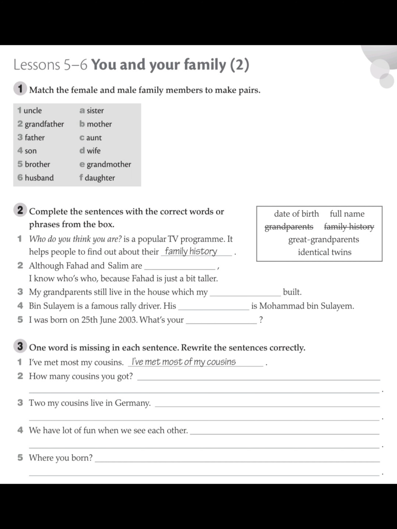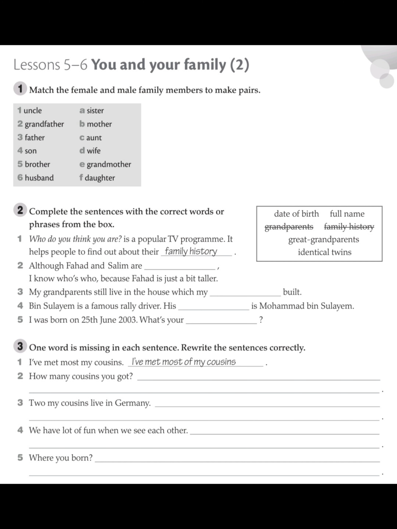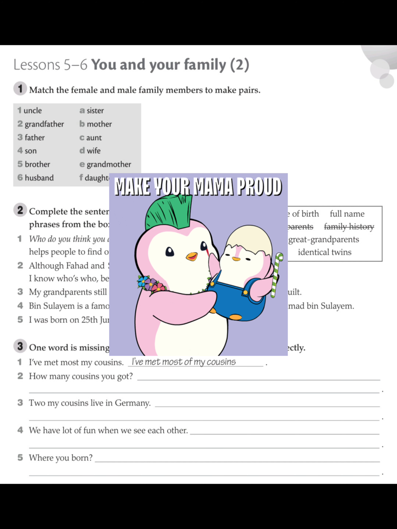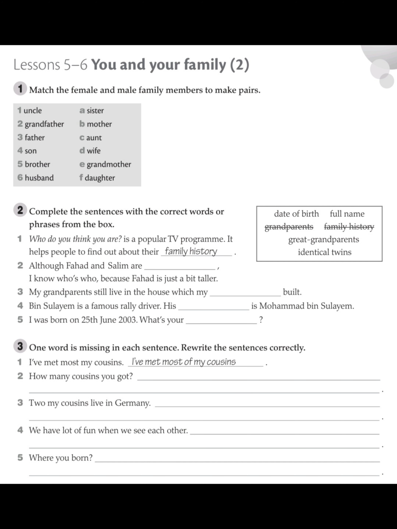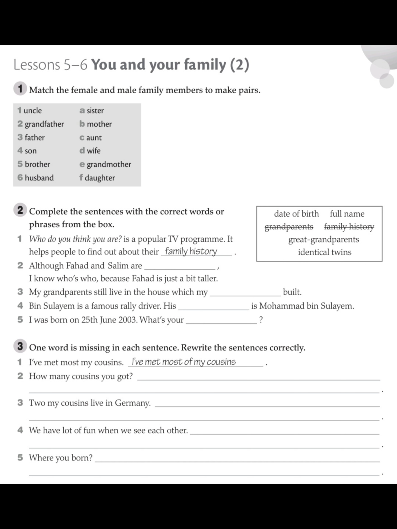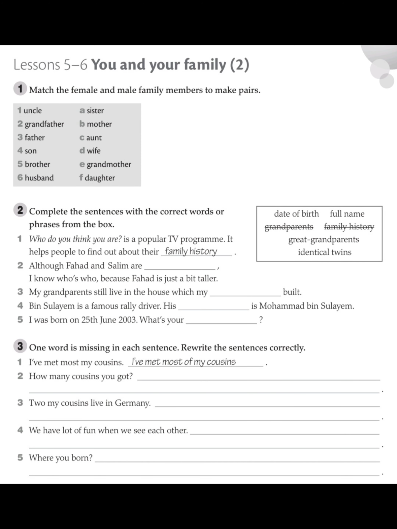Number 4. Son. The female match is daughter. Number 5. Brother. The match here is sister.